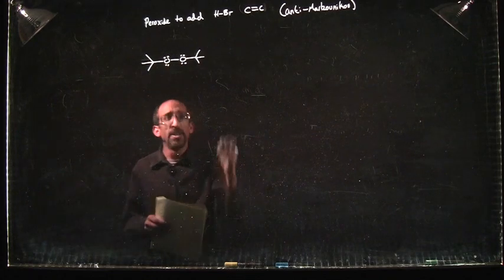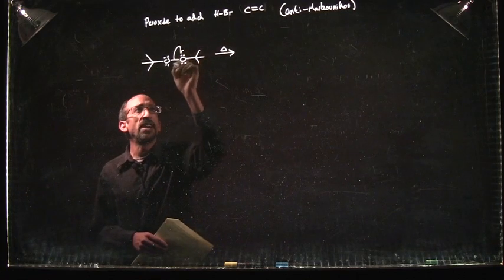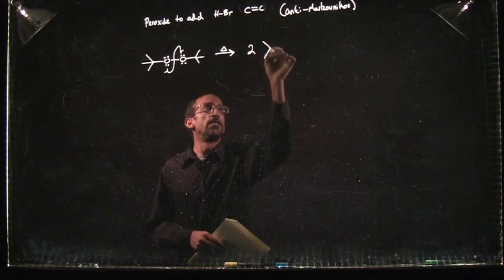And so in the presence of heat, t-butyl peroxide breaks up into two oxygen-centered radicals.